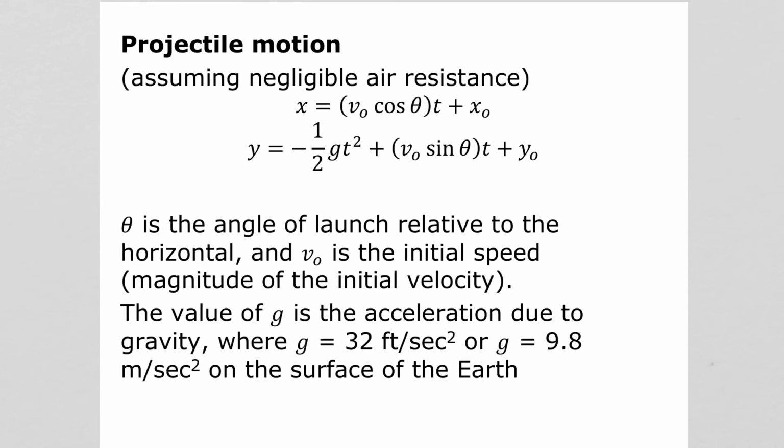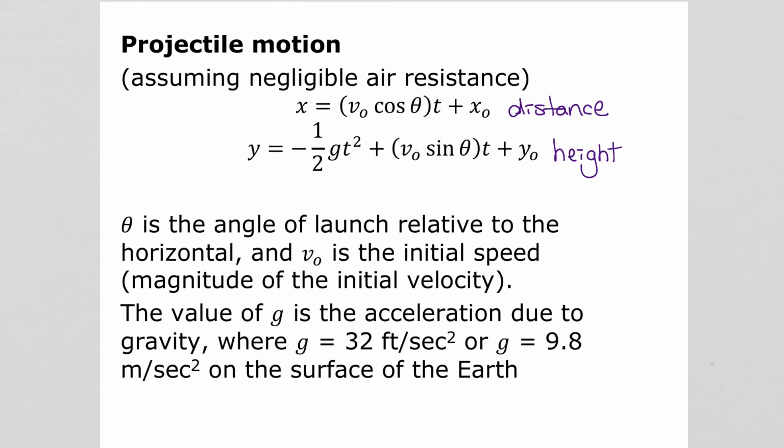So projectile motion, and we're assuming negligible air resistance, so there's no wind, will be defined as x equals v naught times cosine theta times t plus x naught. y will be negative 1/2 g t squared, we'll talk about g in a minute, plus v naught sine theta times t plus y naught. x is our distance function and y is our height function.